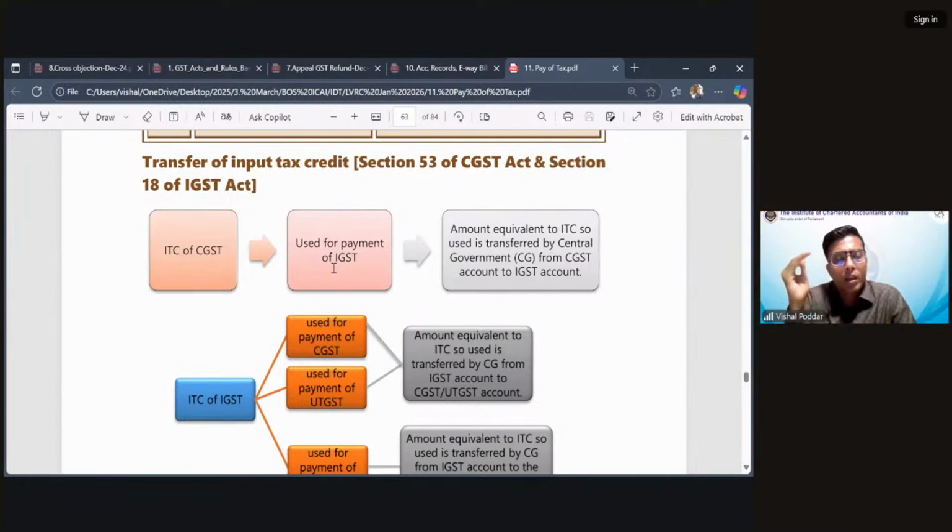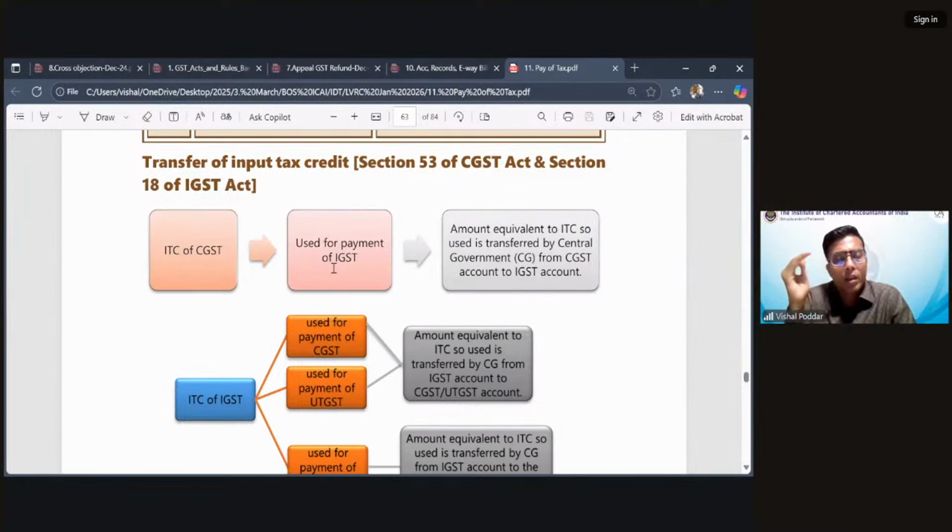Similarly, where it is used for payment of SGST, the amount equivalent to the ITC so utilized is transferred by the government from the IGST account to the respective state government's account. This is what many times you will find, that many state governments complain that they are not getting their share of tax from the government, which is this amount, that is the ITC which is utilized, which the government may not have transferred.